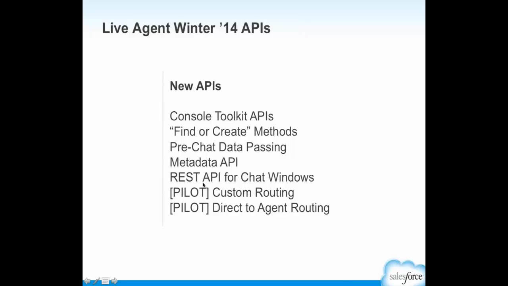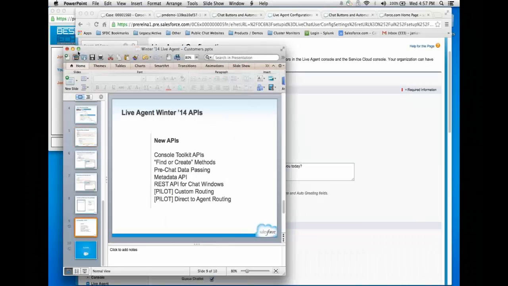We've delivered a pure REST API, so you can build chat windows into native mobile applications on iOS or Android or Windows or wherever you're building your native applications, as well as desktop applications and other integrations. And then we've got a couple pilots around custom routing integration with, for instance, a telephony system or a skills-based routing system, as well as direct-to-agent routing.